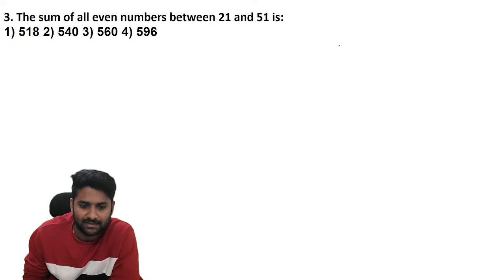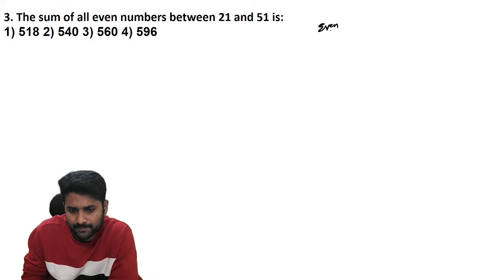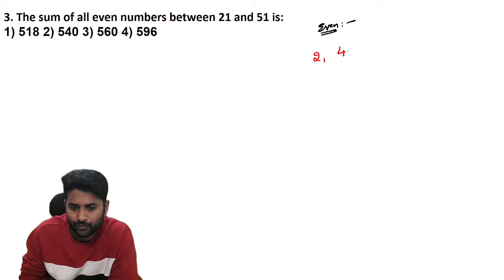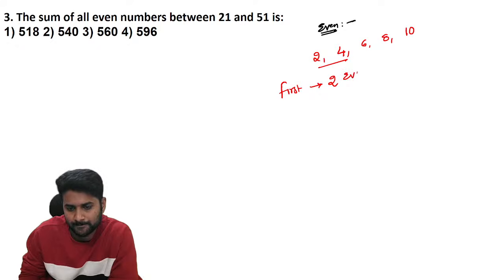Let's understand even numbers. We'll take a few references to understand the formula. 2, 4, 6, 8, 10. If you take the first two even numbers, 2 plus 4 is equal to 6.